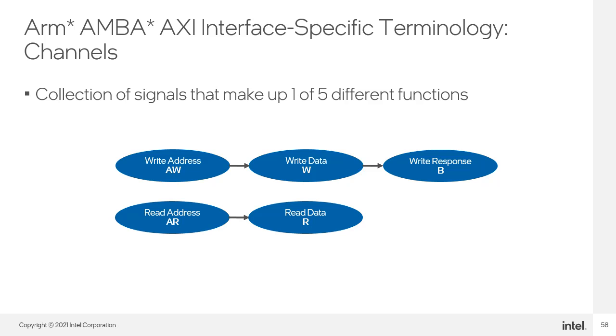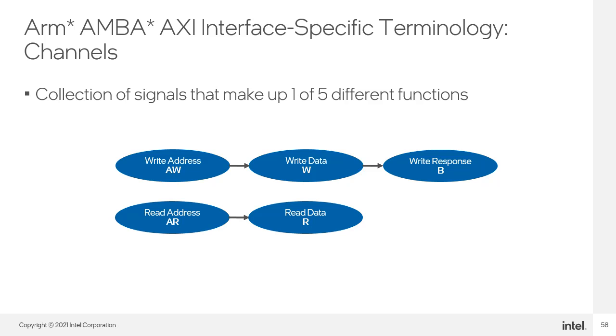When discussing Arm AMBA AXI interfaces, some additional terminology is required. Operation of the standard consists of the use of separate channels. A channel can be thought of as a phase of operation for the interface. Each channel includes a collection of signals that performs a particular function on the interface during that phase of operation.